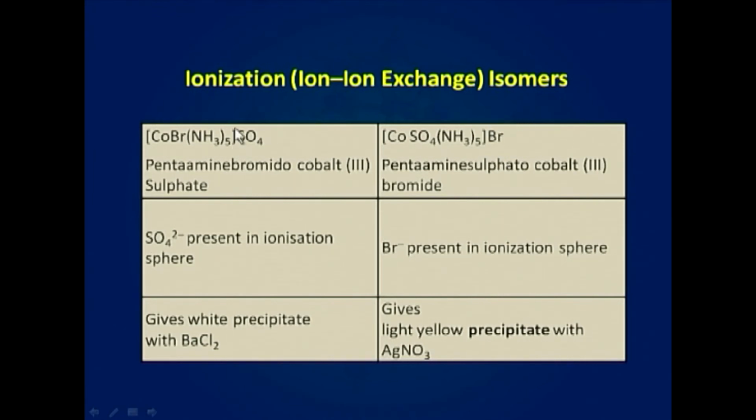In this isomer, sulfate is in the ionization sphere, hence it will give a white precipitate of barium sulfate with barium chloride. And in this ionization isomer, Br- is in the ionization sphere, hence it will give a light yellow precipitate of silver bromide with silver nitrate.